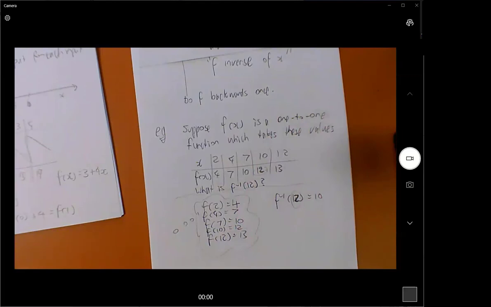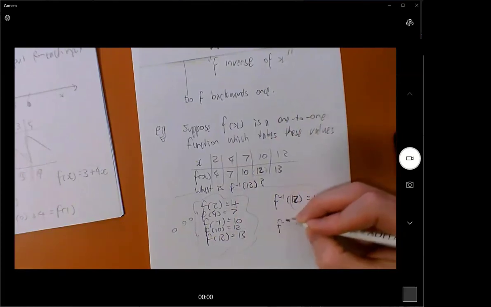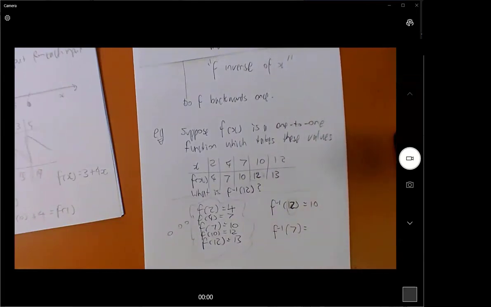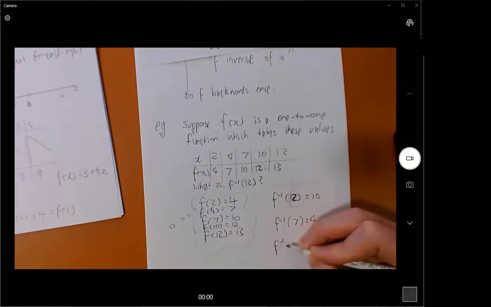How do you feel about that? So I'm going to ask someone, what is f inverse of 7? Good. I'm going to ask a trick question. What is f inverse of 2?